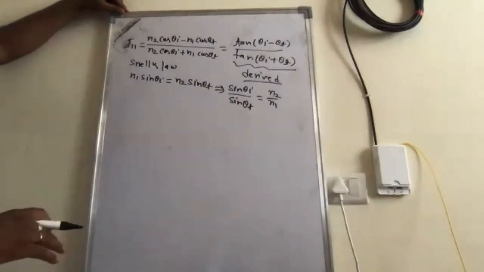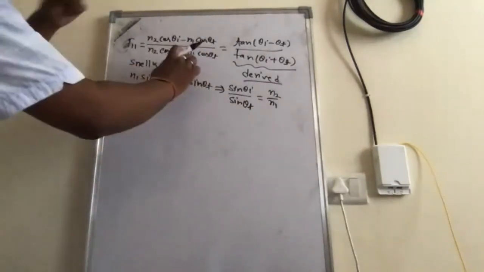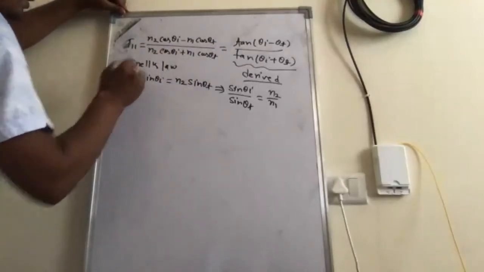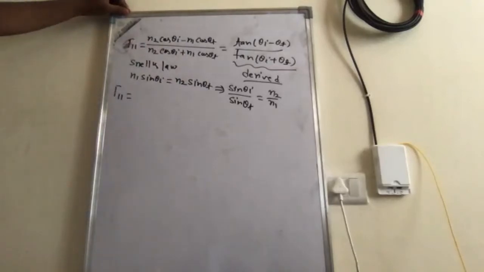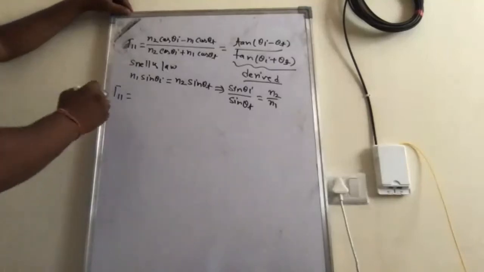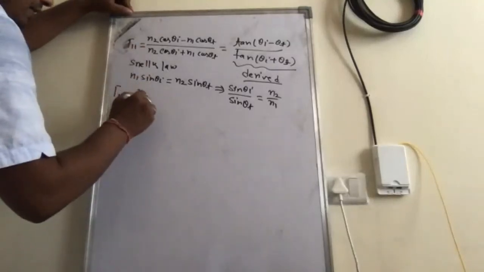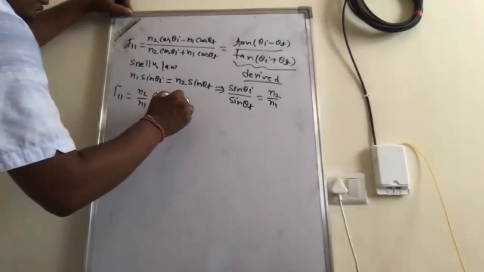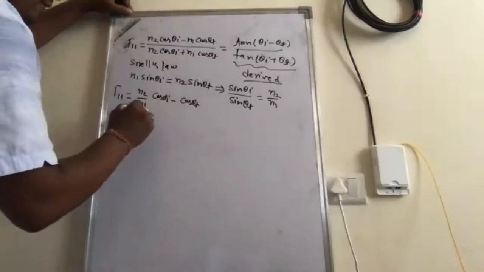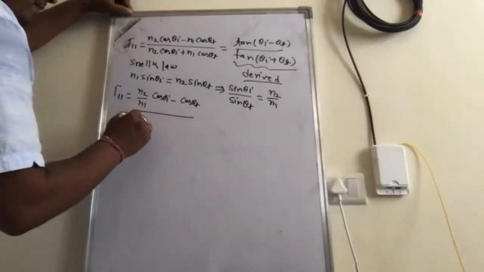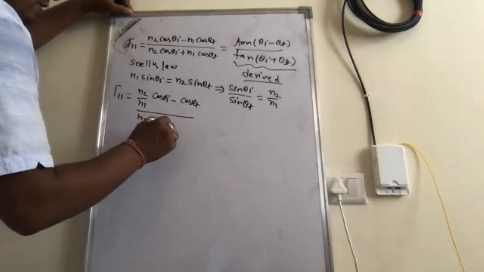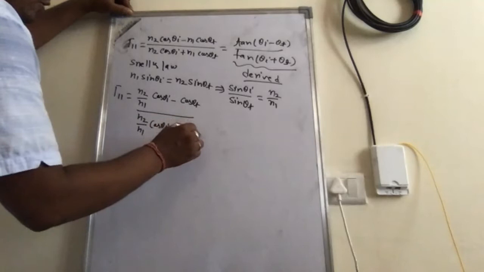Okay, so now let us see these equations. So gamma parallel we can write when we take the common refractive index. So it will be n2 upon n1 cos theta I minus cos theta t divided by n2 upon n1 cos theta I plus cos theta t.